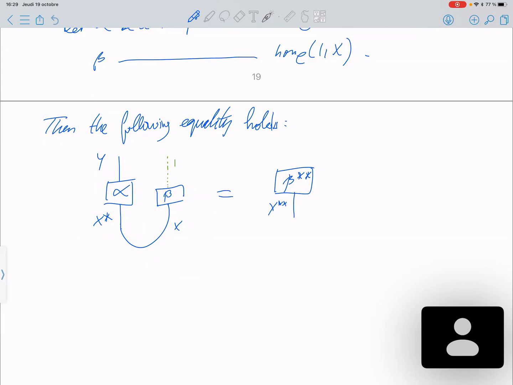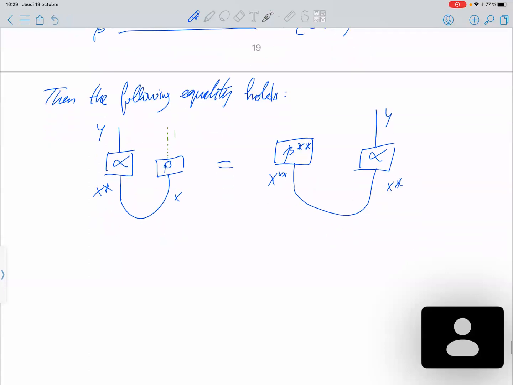Y X double star, here alpha Y X star, and here like that. Okay.